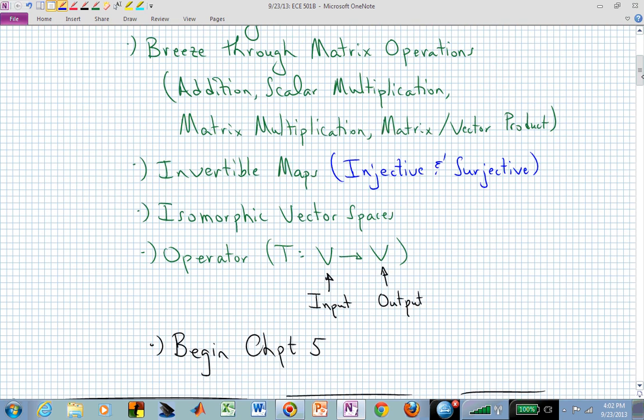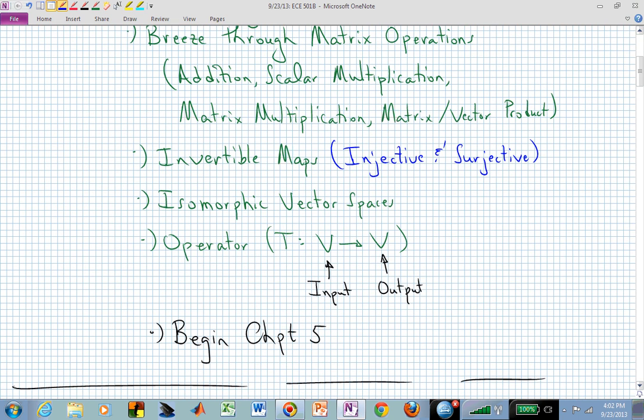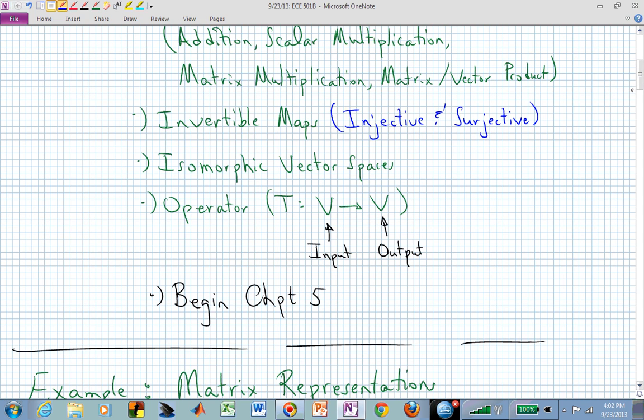We will look at some results dealing with invertible maps, and maps that are invertible need to be both injective and surjective, and the relationships dimension-wise associated with the input and output vector space is what that means for a map to be invertible. That leads us then into isomorphic vector spaces, or vector spaces that are similar. Then we will introduce this idea of an operator where the input and output vector spaces are actually the same.